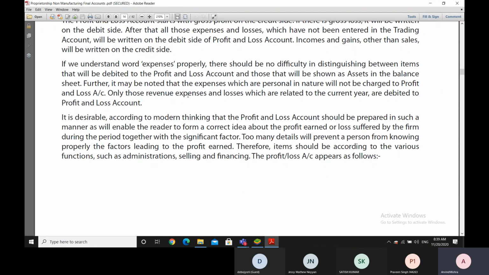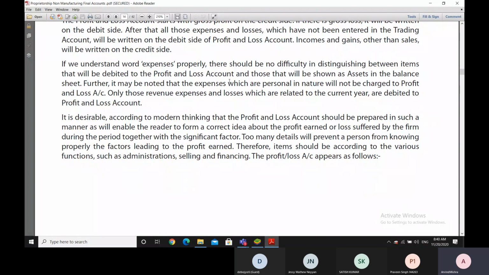Now, we have to be careful that we only debit the expenses in the profit and loss account. Every amount of money that is spent is not to be debited in the profit and loss account, because there may be certain expenditures which are made to buy an asset.